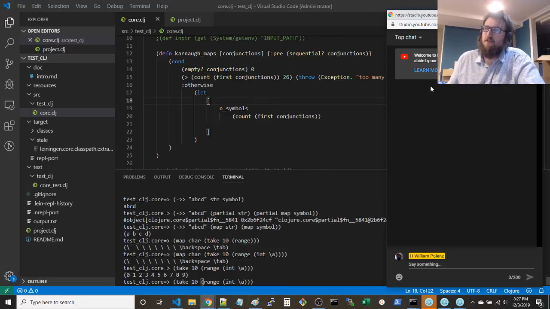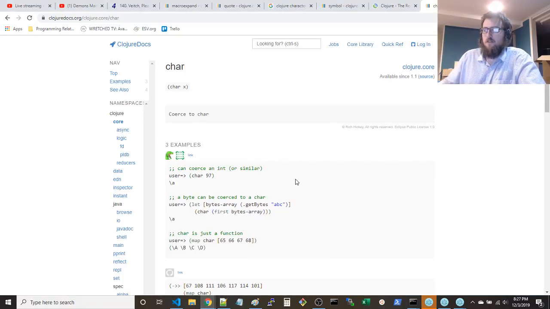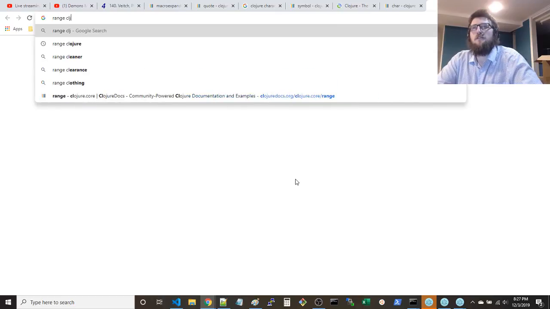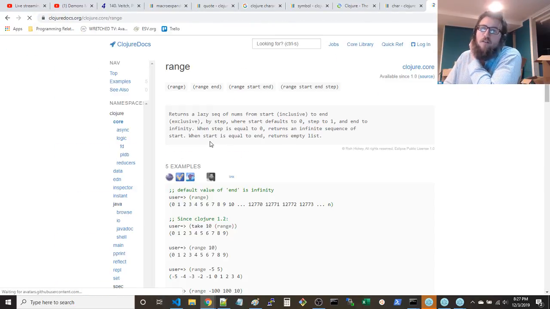There's a few ways to do this. I don't think dropping the first few elements is really the right idea though. Range Clojure. Start and step.